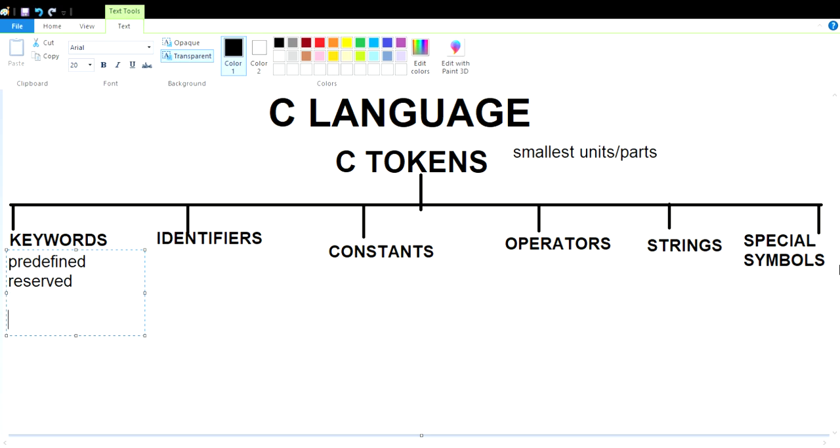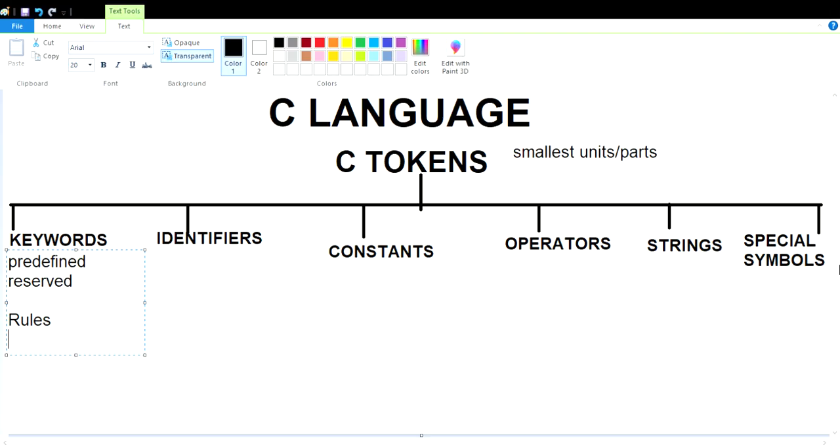We call them predefined because these keywords are already known to the C language. There is no need to specially explain these words to the C language. That's why they are called predefined words, and these keywords are also called reserved words.